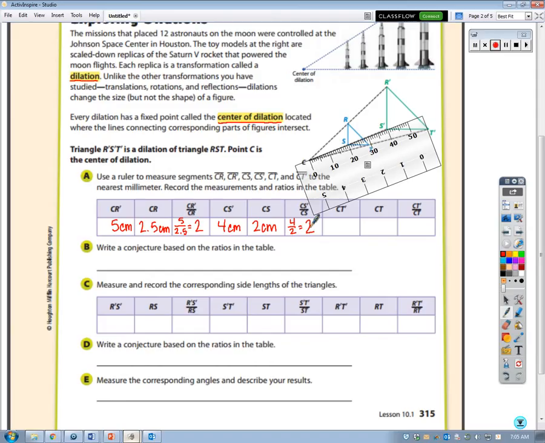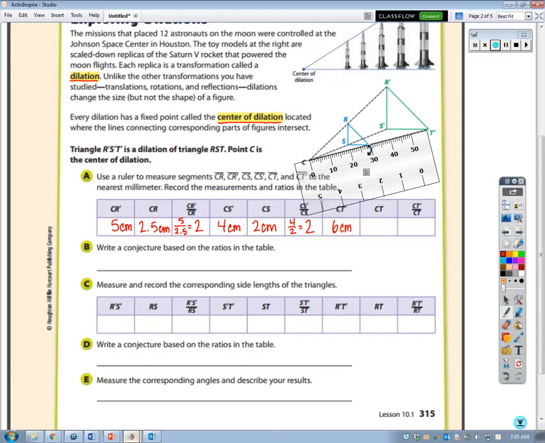Then I'm going to do CT prime. I'm going to rotate this again. I've run just about out of room, but I'm going to make an estimation here and say that's about 5.5. What do you think? 6? That's a centimeter, and that would be half a centimeter. So that's about 6 centimeters.